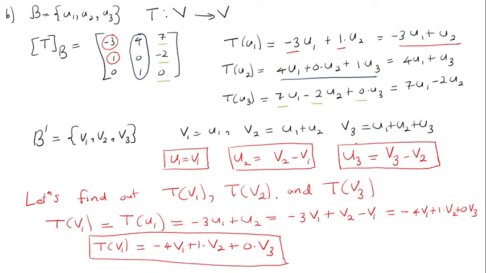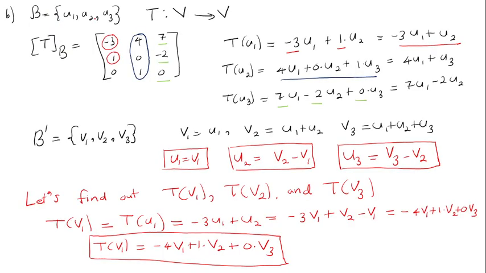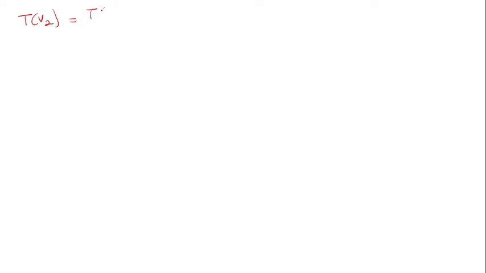So next I am going to find TV2. I know that V2 is U1 plus U2, so I can insert U1 plus U2 instead of V2, and from the linearity I can write this as TU1 plus TU2.